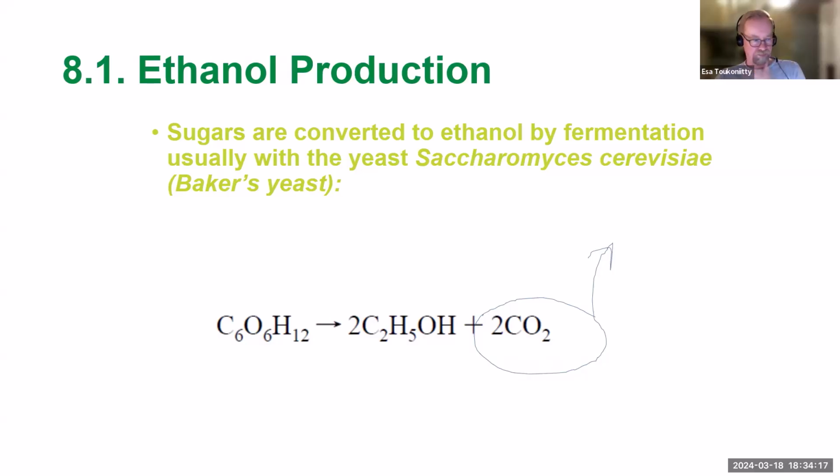I don't know if it's an interesting thing, but related to this is that in some of these factories where the ethanol is produced, the carbon dioxide is actually also a valuable raw material. It's captured in these production units, and this can be used in the beverage industry or elsewhere where you need a good quality carbon dioxide.